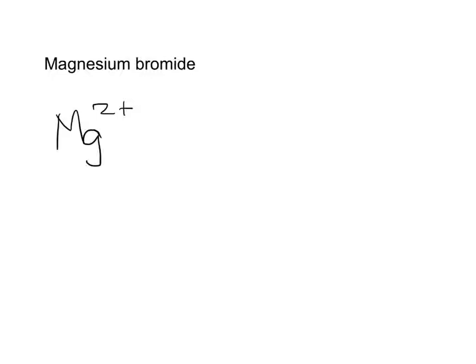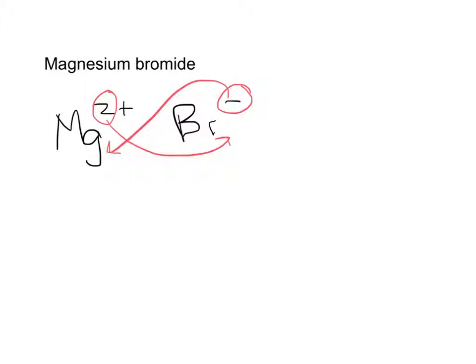So the charge on a bromide ion is -1, but we just write minus. To write the formula, we take the value of the charge. I'm not concerned with whether it's plus or minus, I just want the absolute value. And this comes down here. And then this is a -1. Again, we understand that the value is 1, ignoring the negative sign, and that charge goes there.